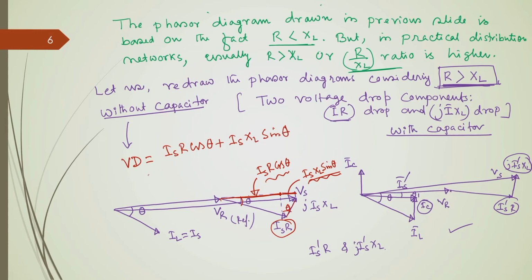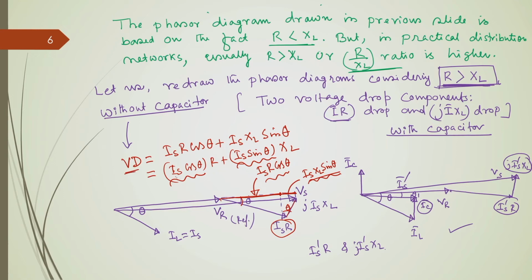Sometimes it is also rewritten as I_S cos theta multiplied by R plus I_S sin theta multiplied by X_L. So, this is the in phase component of the current and this is the quadrature component of the current.